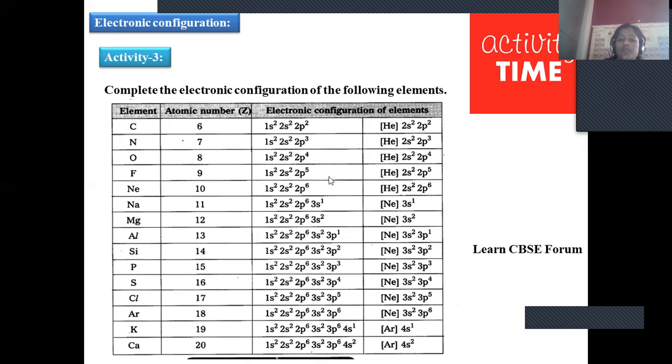For fluorine, 1 more electron, 2p5. Neon, being a noble gas, is completely filled, meaning the p orbital maximum occupancy is 6, right? So here we have 2s2, 2p6. It is completely filled. You can say it is a noble gas. Here also it is represented as a noble gas configuration.